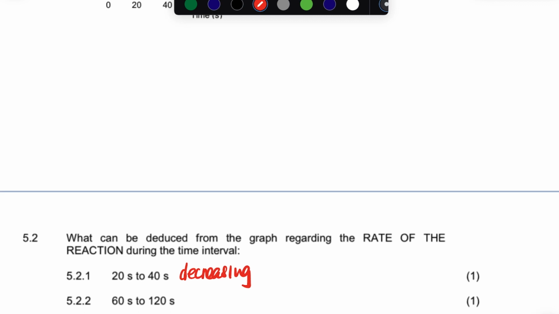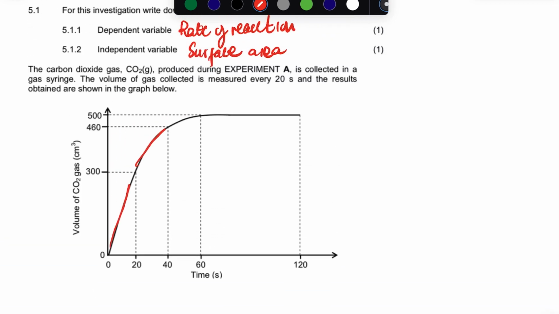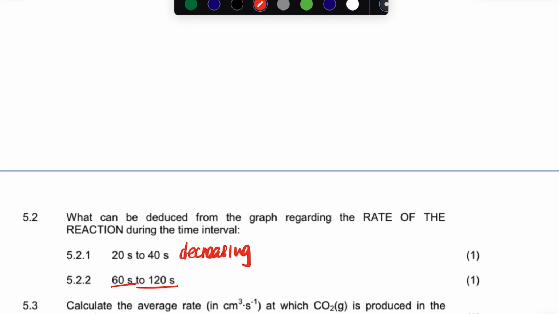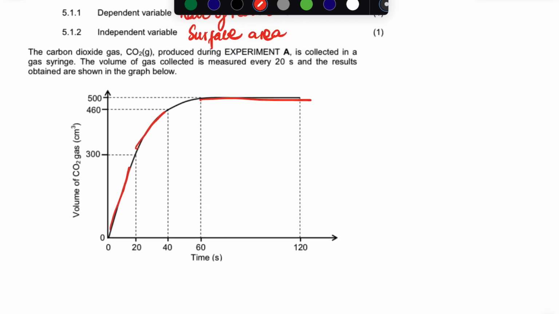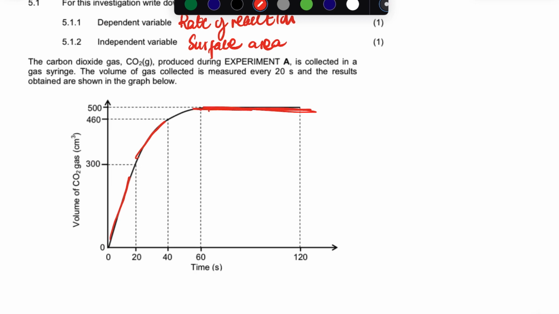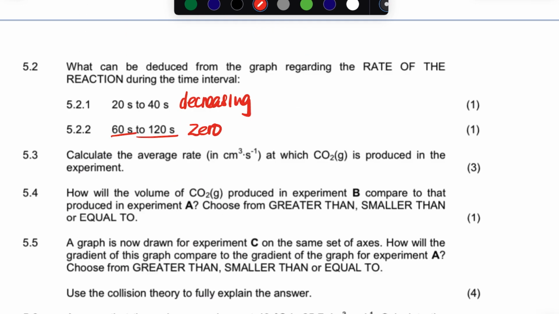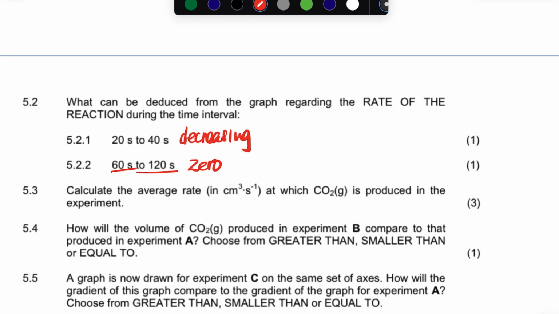That means the rate of reaction is decreasing. Do you see it's steeper here and becoming less steep there? So the gradient is decreasing, which means the rate of reaction is decreasing. From 60 to 120, the gradient is 0. The graph here is flat, so the gradient is 0, which means the rate is equal to 0.